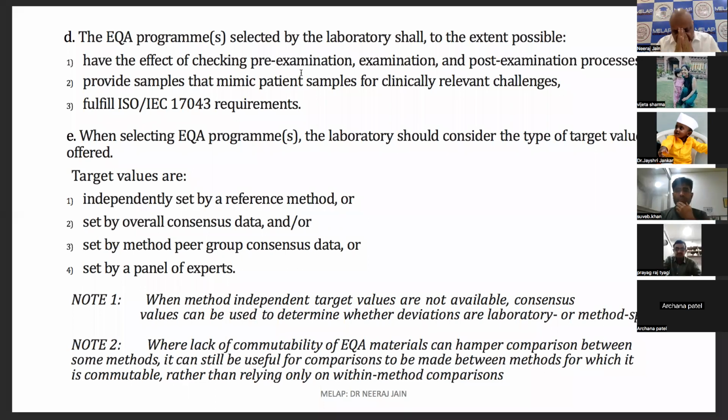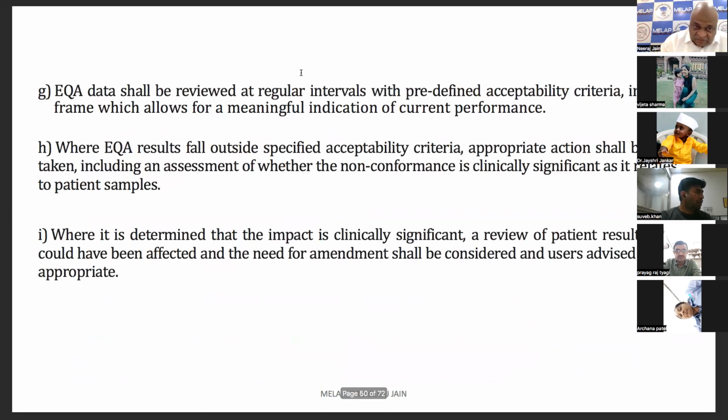The term which the standard is using is assigned value. How they have developed this assigned value, whether it is the group mean, or decided by a panel of experts, or based on some reference material. Whatever way they are deciding, the laboratory should know this.